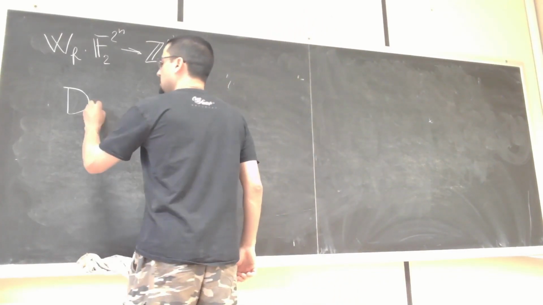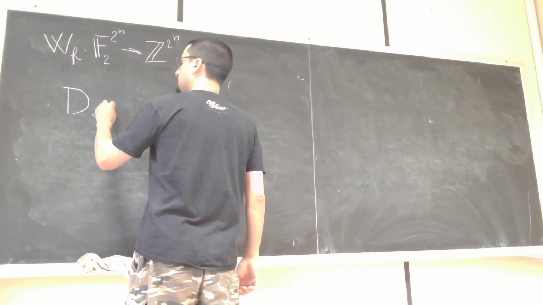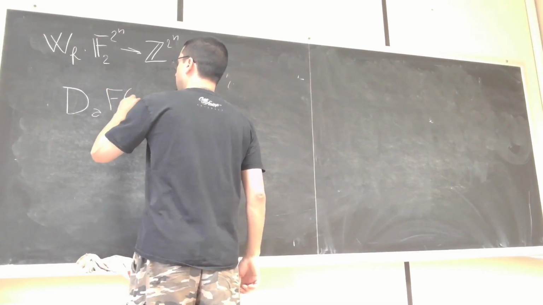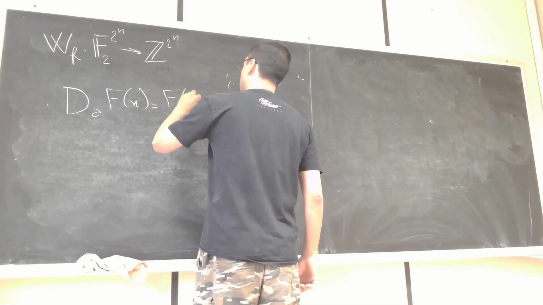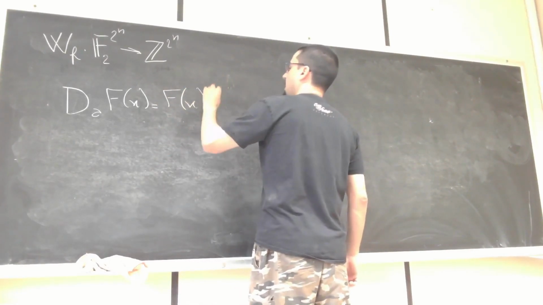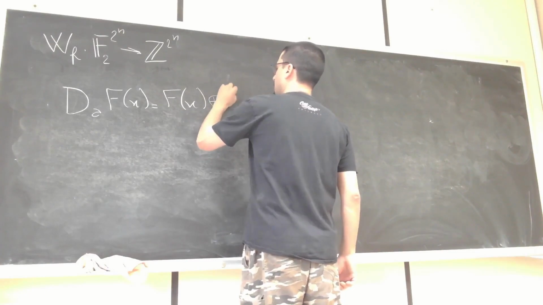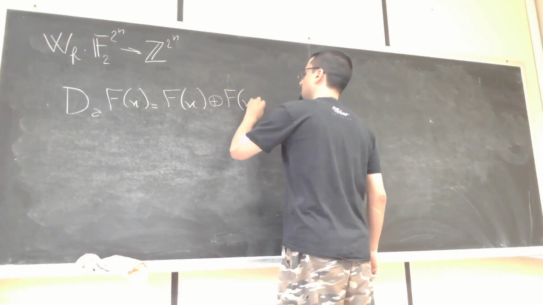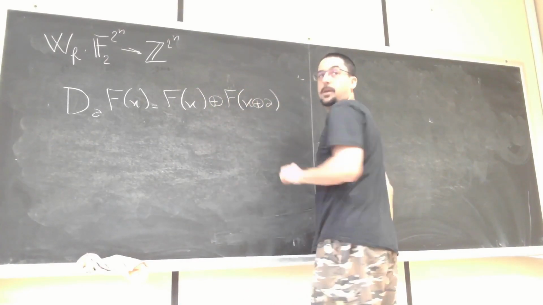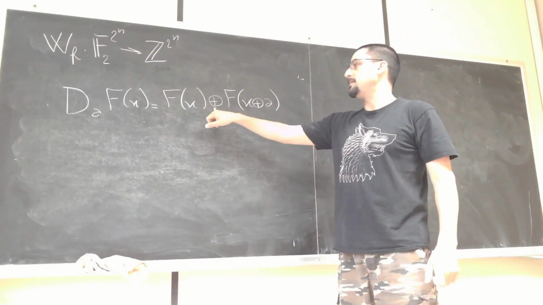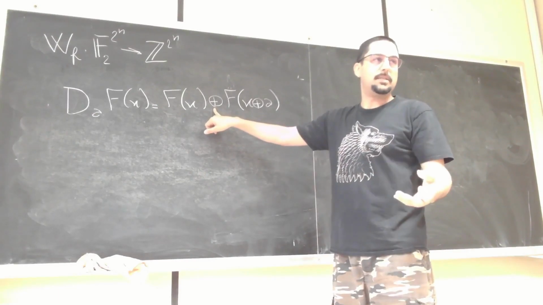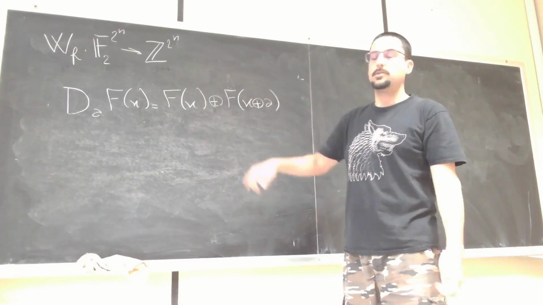So this would be d_a of f of x would be something like f of x XOR f of x XOR a. So, since the sum in F2 is basically the same as difference, you can consider this as a difference basically.